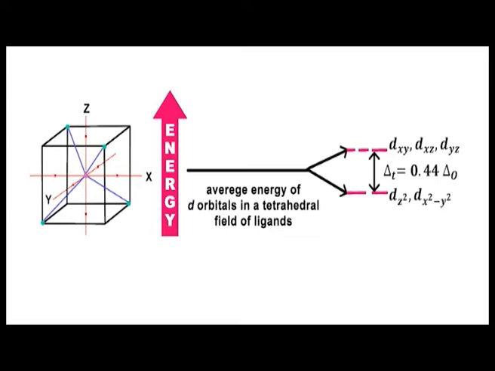Thus, the energy of T2 orbitals will be increased while that of e orbitals will be decreased compared to the barycenter. Consequently, the d orbitals are again split into two sets, T2 and E.